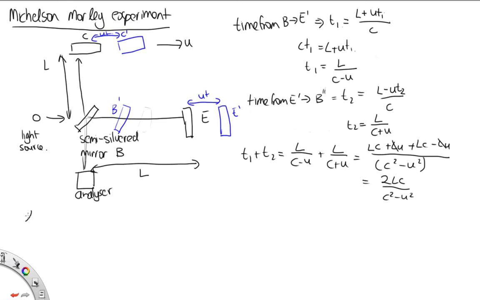So let T3 equal time taken from B to C. Now the light has to travel along this path here to get to the mirror. As the mirror is no longer at C at time T3, it's moved along a distance UT3.